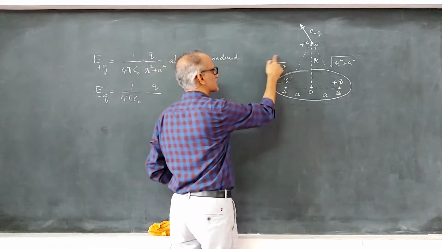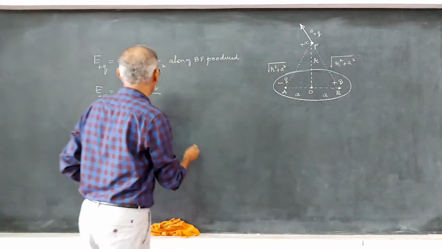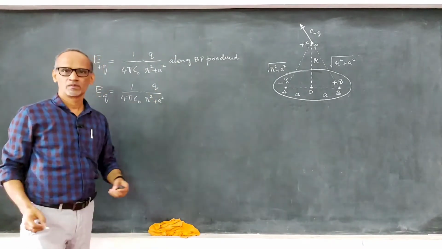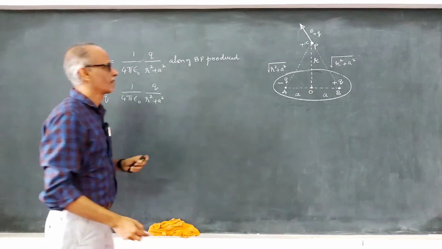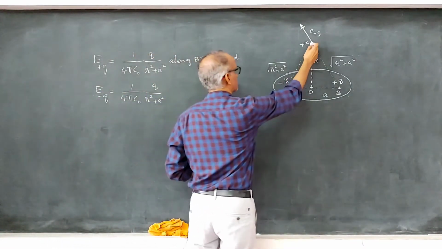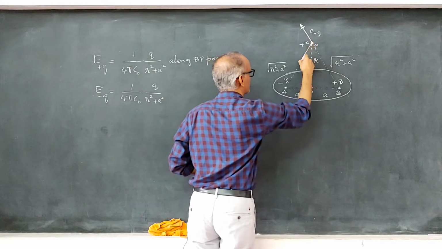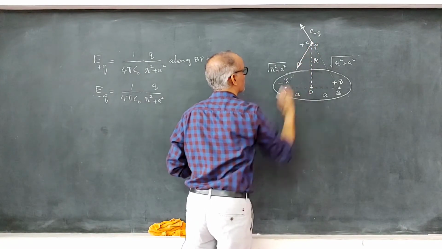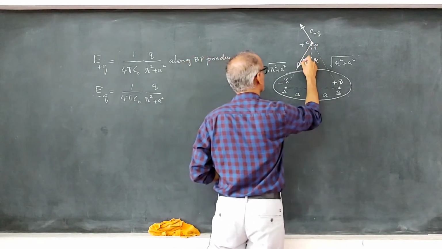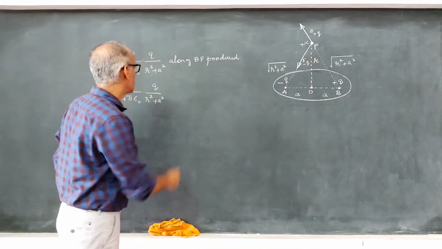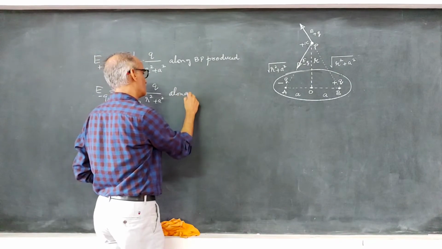Square of the distance means the square of this, which is the same thing again, which is R square plus A square. What is the direction of this field now? So this is a negative charge, this is a positive charge. So this positive charge is attracted towards it. So therefore the direction of the field will be like this. So that will be E minus Q. So that will be along PA.